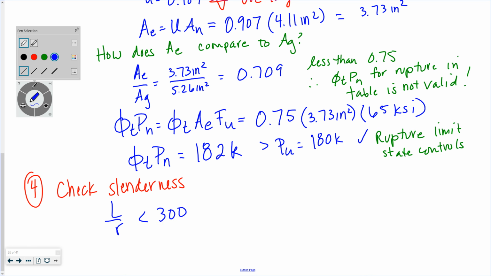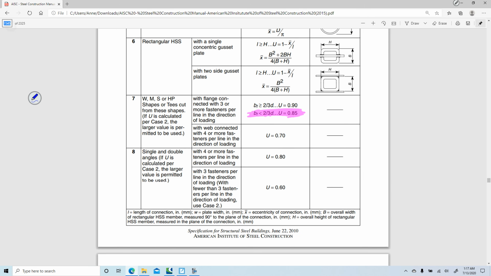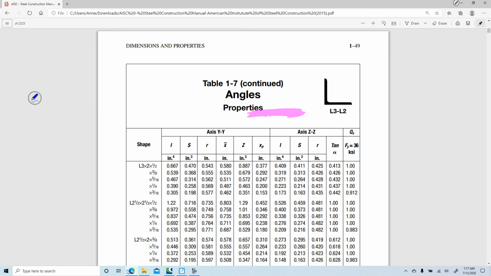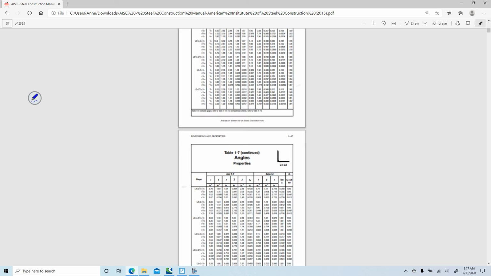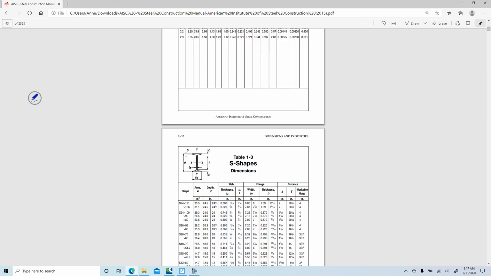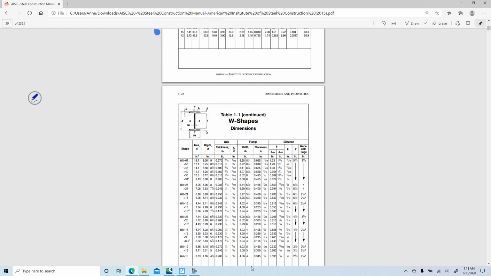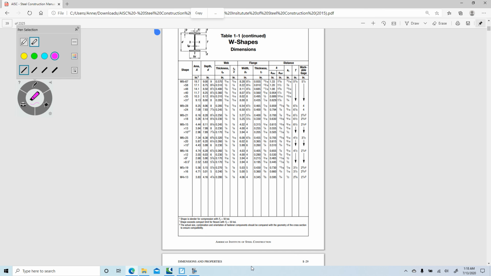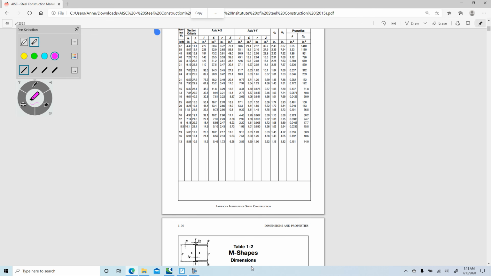My R, if I go and look for a W 8 by 18, my radius of gyration, 8 by 18, right?